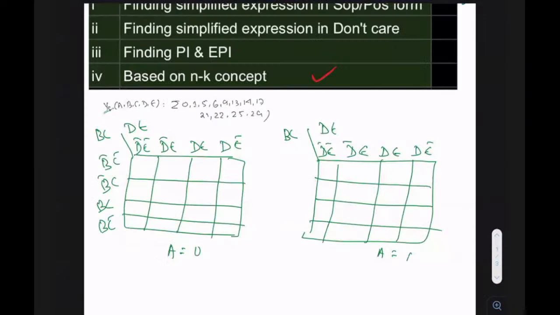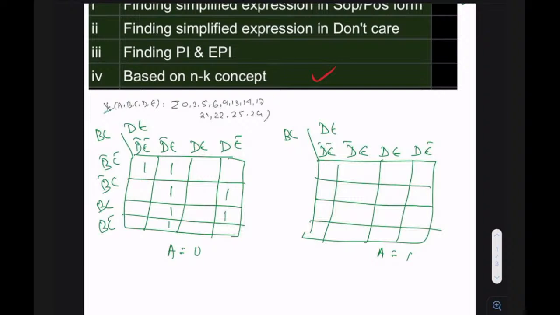So using that reference, if I ask you to plot it, let me plot min term 0, 1, 3, 2, 4, 5, 7, 6, 8, 9, 11, 10, 12, 13, 15, and 14.